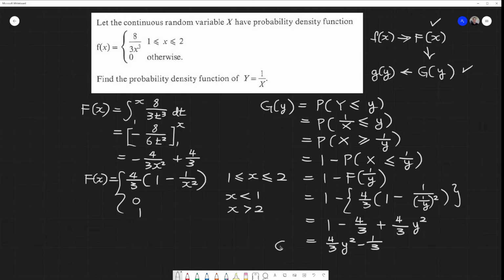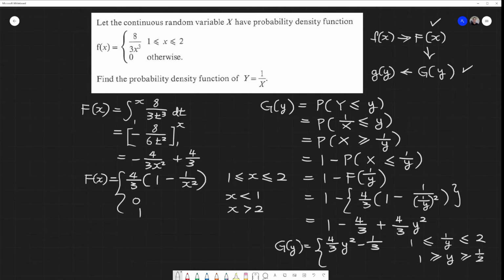So remember to fully define this. So Gy, and just move this equal sign a bit closer. So this guy is actually 1 over y here, and then 2 here. Right, so you can actually rewrite it as y greater than or equal to 1, greater than or equal to 1 over 2.